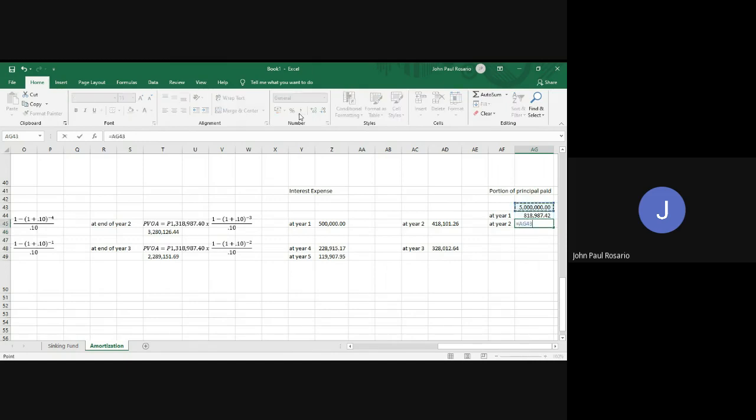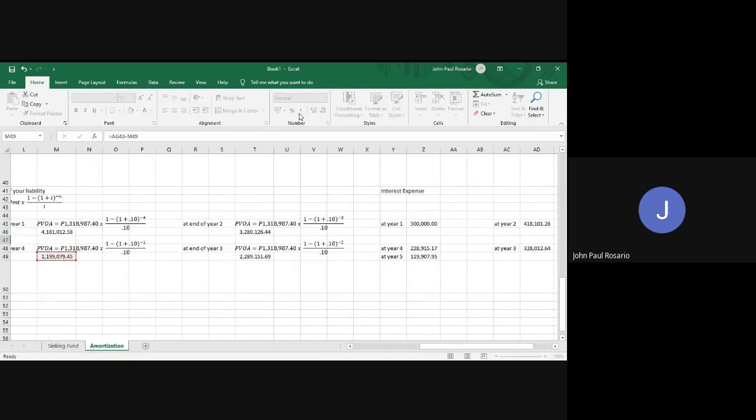So again, 5 million, and then you deduct from it the PVOA year 2. Year 3, same, 5 million minus year 3 present value, and then year 4, it's 5 million, then you deduct the present value you have gotten for year 4.